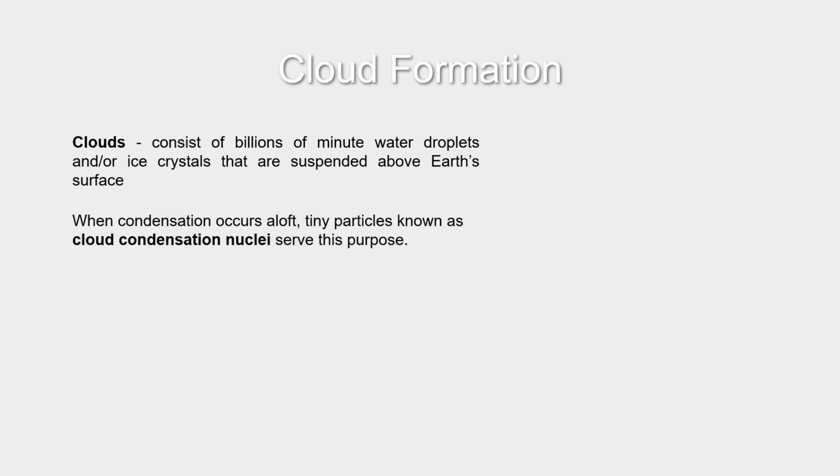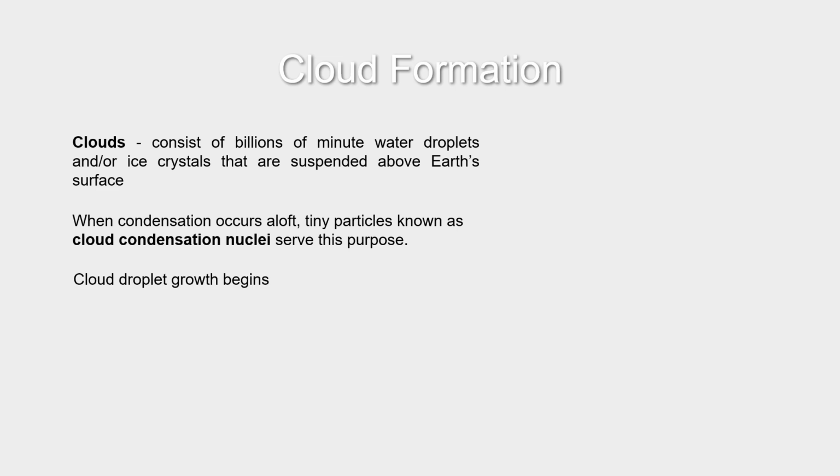So when condensation occurs above, tiny particles known as cloud condensation nuclei serve that purpose. For condensation to generate the clouds, there must be a surface, and these cloud condensation nuclei serve that purpose.